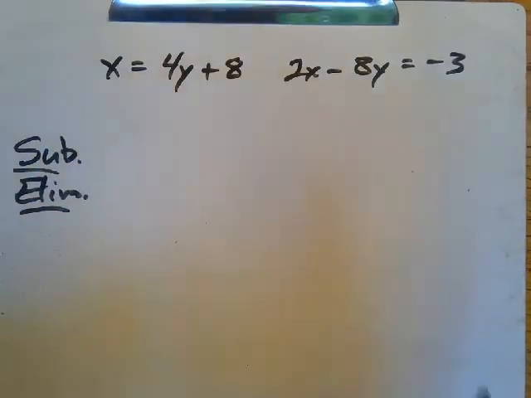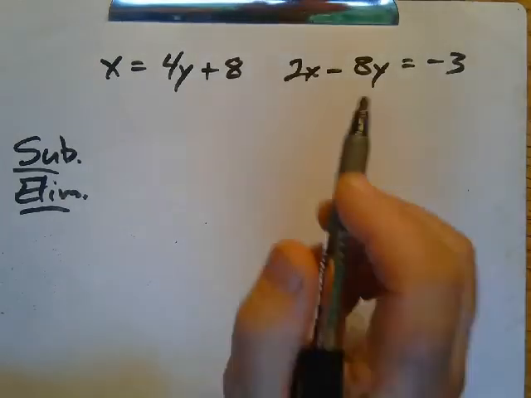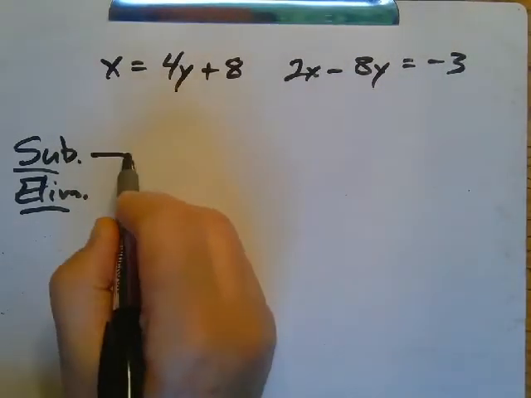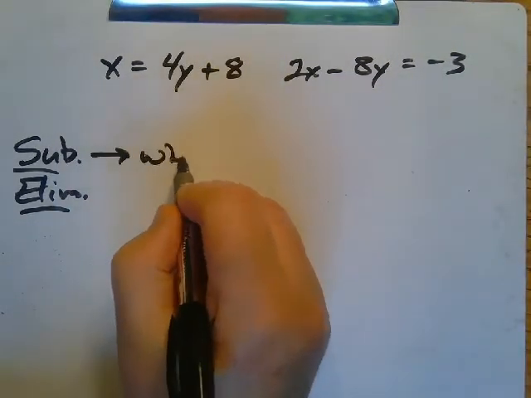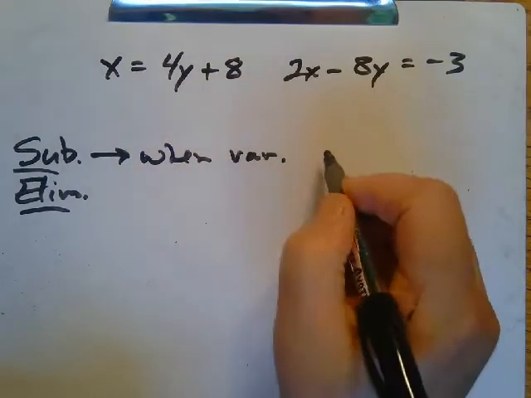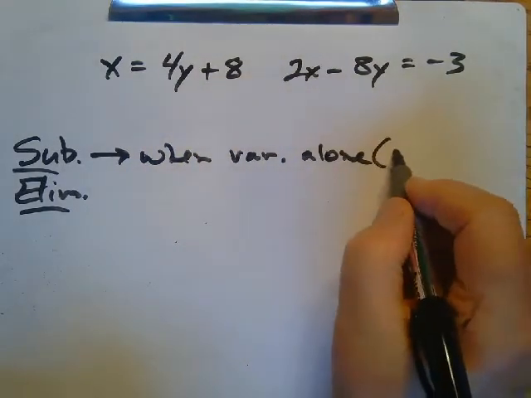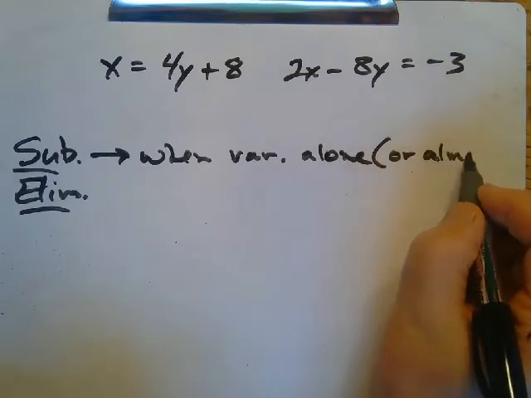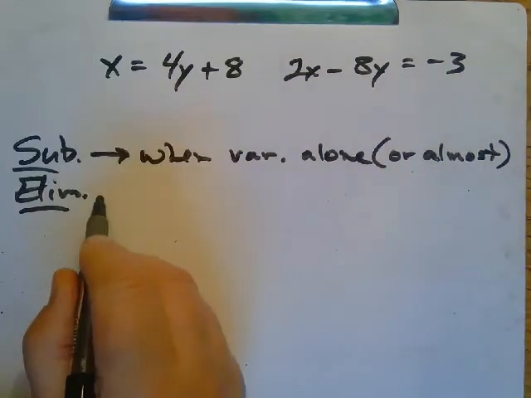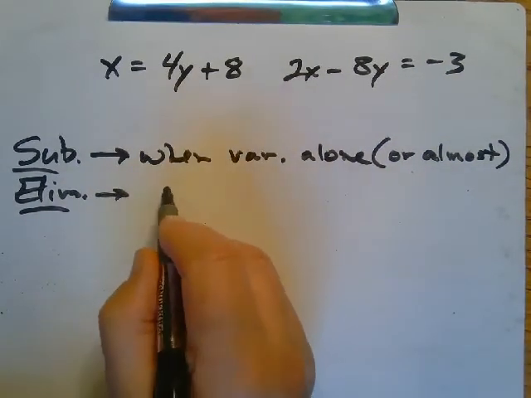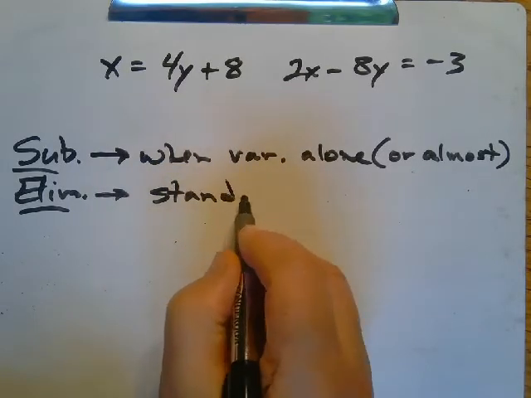Well, there's a definite advantage to one over the other depending on the kind of problem you have. Substitution works really best when there's a variable alone or almost alone. And elimination works best when things are in standard form.